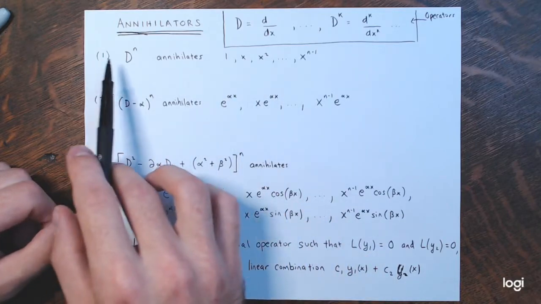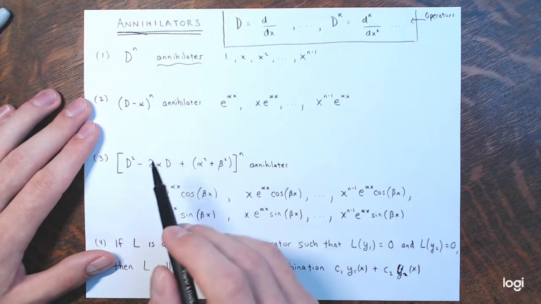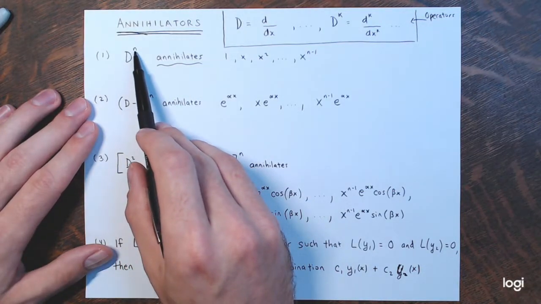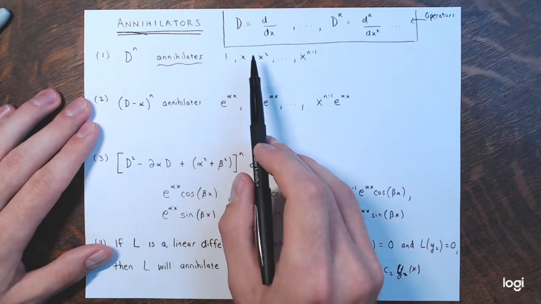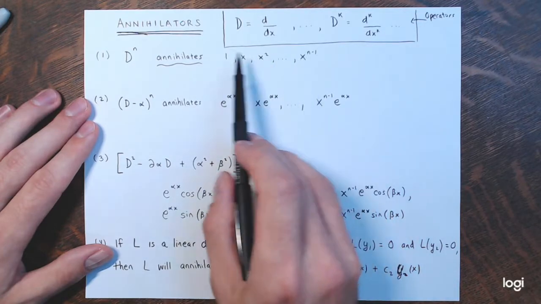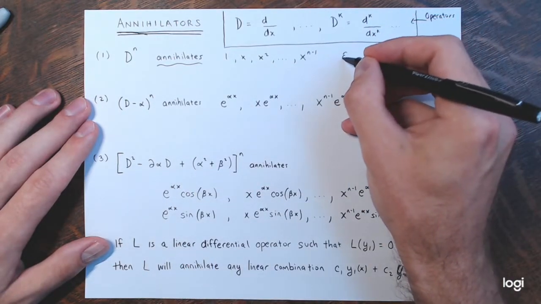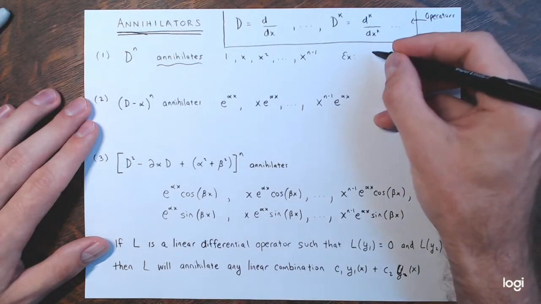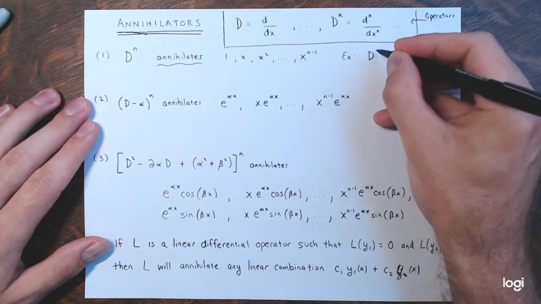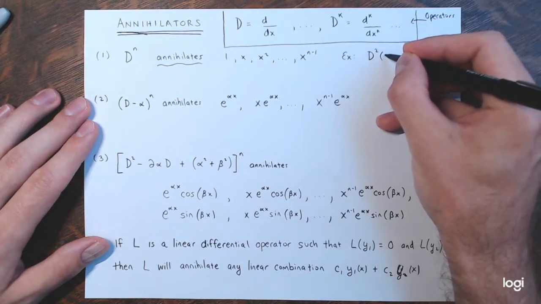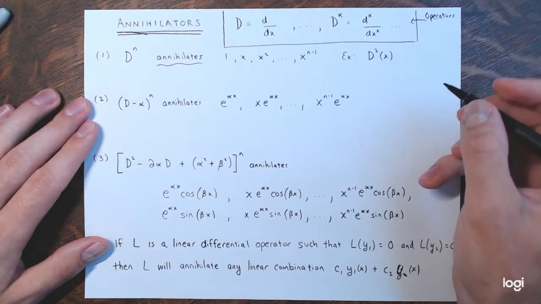Alright, and so what we mean by annihilates, say D to the n here, annihilates any of these functions: y equals 1, x, x squared, x cubed, all the way up to x to the n minus 1. Some quick examples of this: if y were just x, D squared applied to the function y equals x should become 0, right?